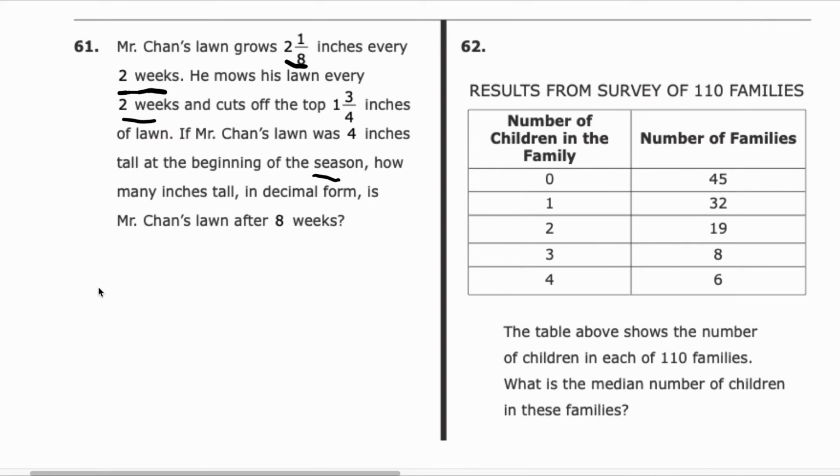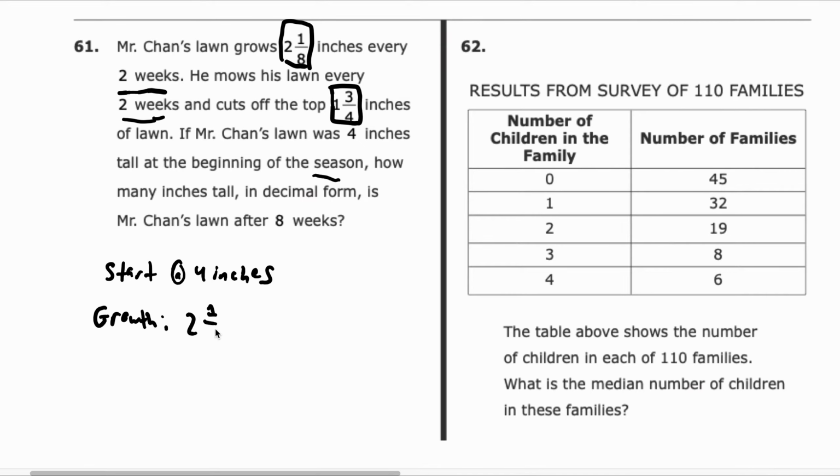Okay, so we start at 4 inches, and we know that the lawn grows 2 1/8 inches every 2 weeks, but he also cuts off 1 3/4 inches every 2 weeks. So we can calculate the rate of growth as the amount that the grass grows minus the amount that he cuts off.